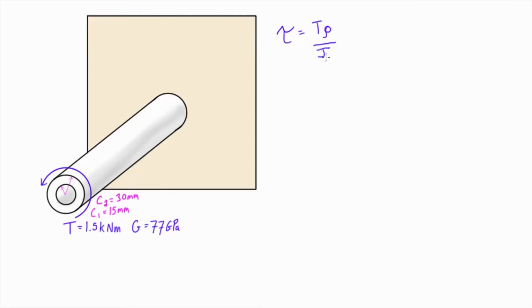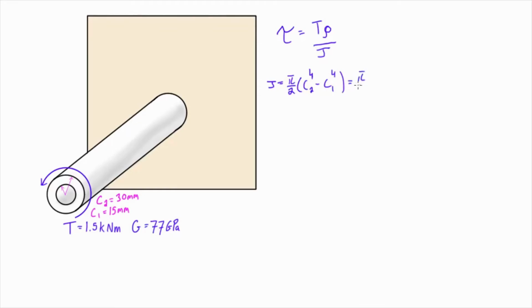So to get started, let's figure out what our polar moment of inertia is, and our formula is pi over 2 times c2 to the power of 4 minus c1 to the power of 4. Where we were dealing with solid circular rods, we were just setting c1 to be equal to 0. But in this case, we actually have a value for c1.